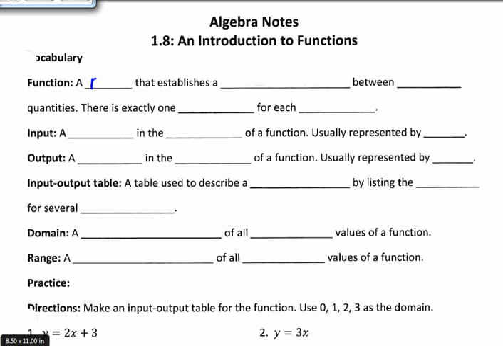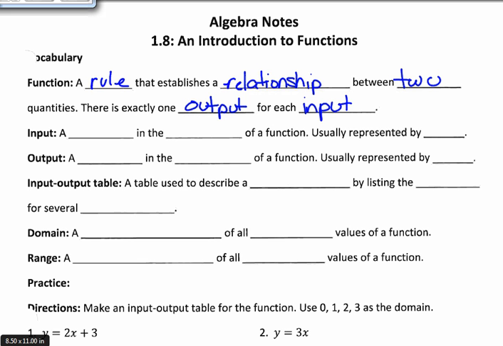A function is a rule that establishes a relationship between two quantities. We know that there is exactly one output for each input. So what is an input and an output?